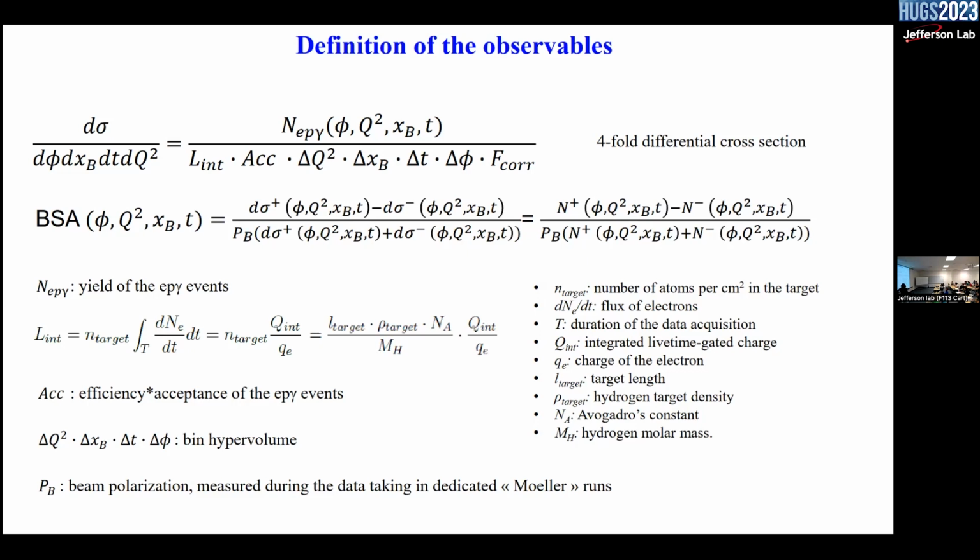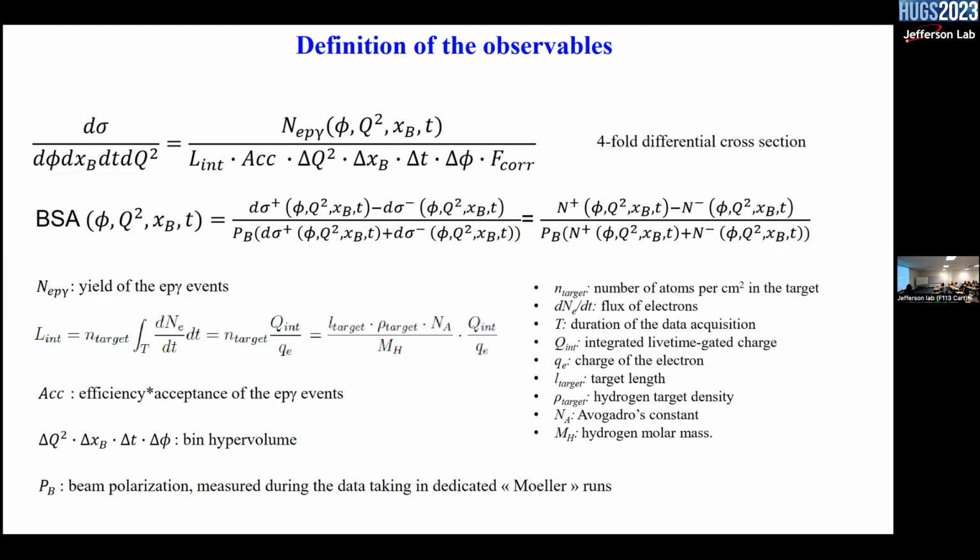One thing you see here is that the cross section is experimentally defined as a ratio of a yield divided by the integrated luminosity, times the acceptance, times the volume of the kinematic bins in which you are, and then there can be correction factors if something needs to be corrected. So this is a fourfold differential cross-section. It's what I was talking about yesterday. This is to cover the kinematic dependence of the GPDs, which is quite complex.